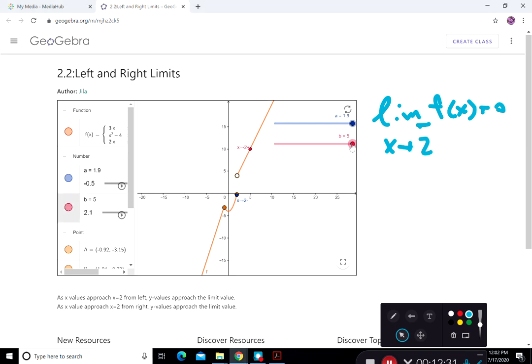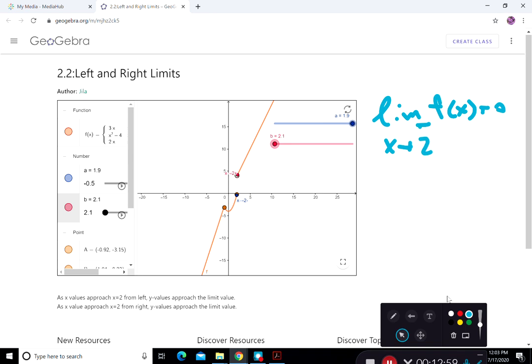So now I have a red point, and it's basically traveling on the graph, and x is decreasing to get closer and closer to 2. And so you see that the right limit, the y value for the points, approaches 4 right there.